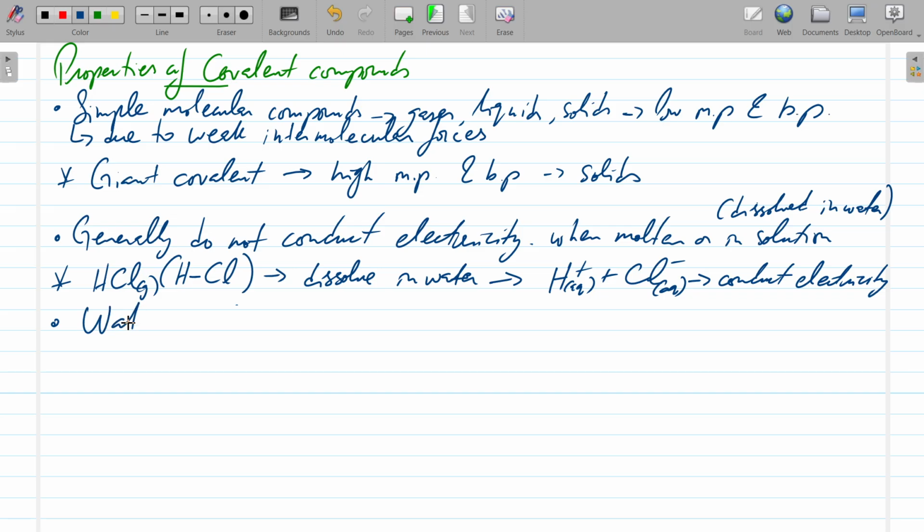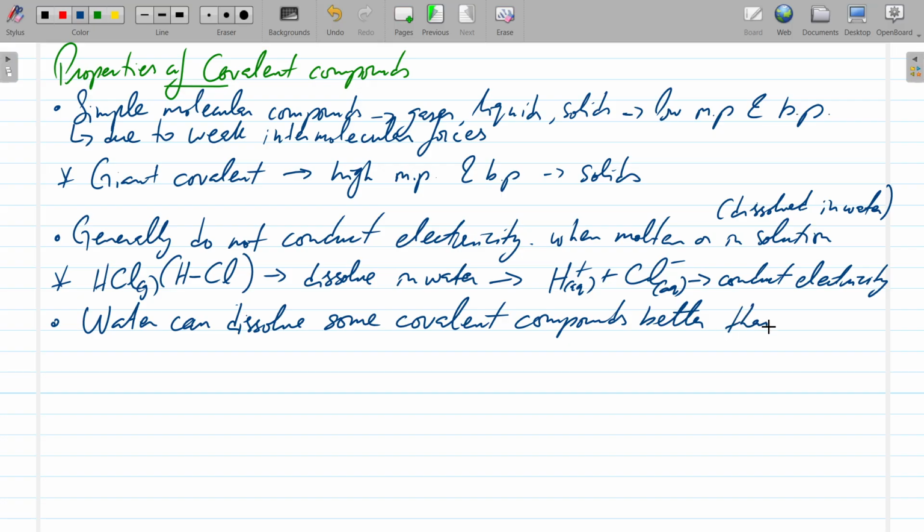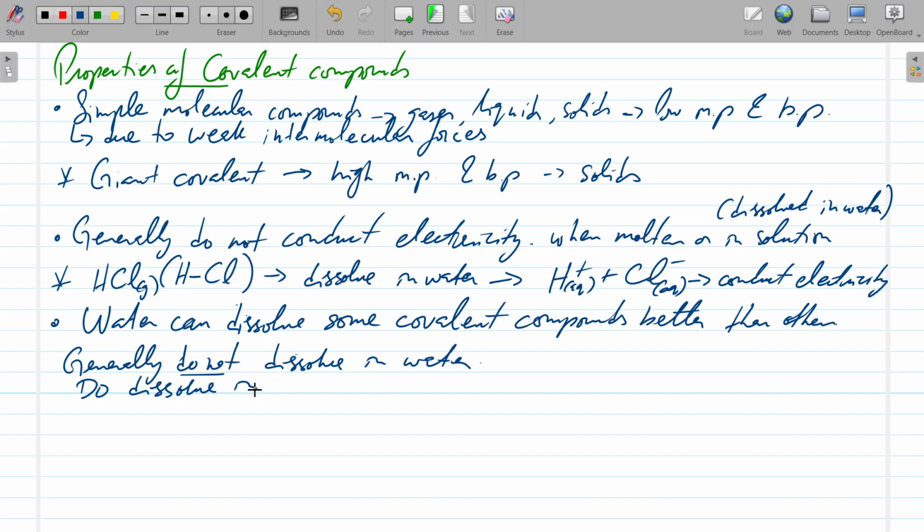Water can dissolve some covalent compounds better than others, but they generally do not dissolve in water. They do dissolve in what are called organic solvents.